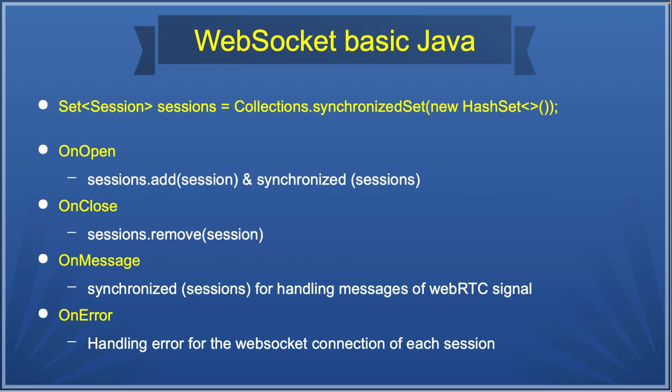WebSocket basics in Java: a WebSocket session is different from an HTTP session. WebSocket sessions have four kinds of methods: onOpen, onClose, onMessage, and onError. onOpen gets all sessions connected to the server and synchronizes all sessions, and onClose removes each session once a user is leaving.